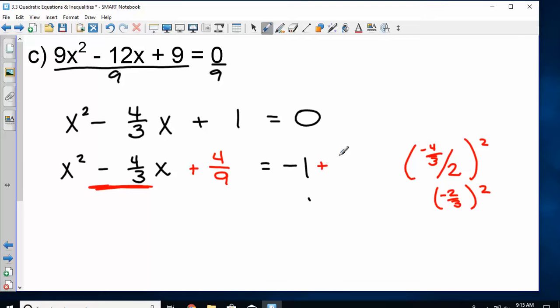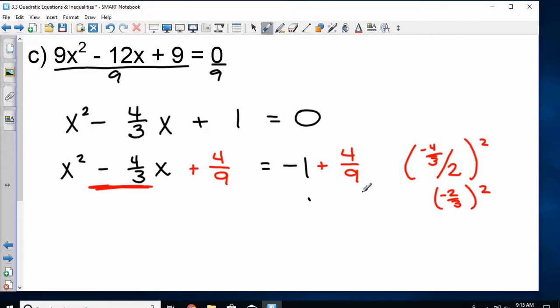And you add that to both sides. Before I go to the next step, I want to know, does everybody know where I got my 4/9? Okay. I did not get that one. Other questions?